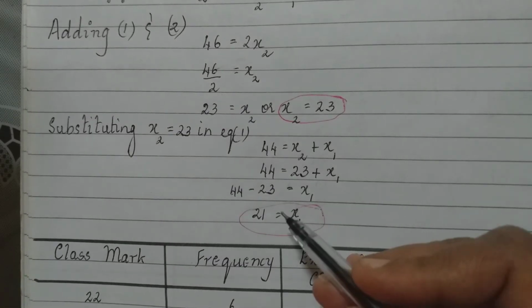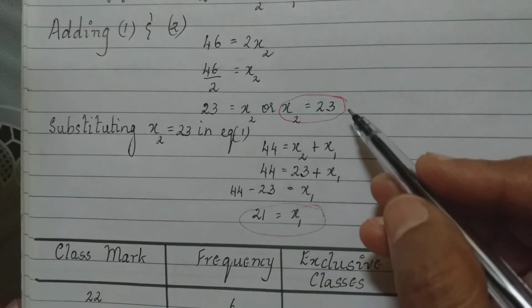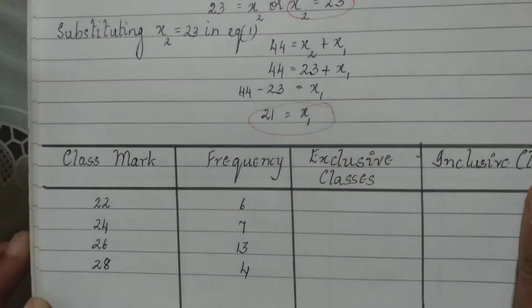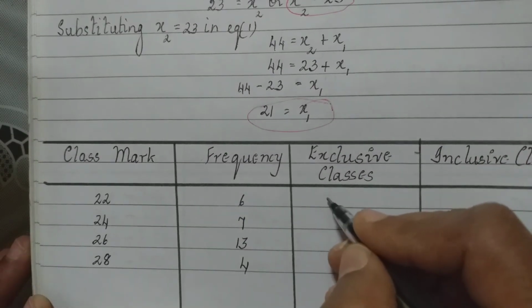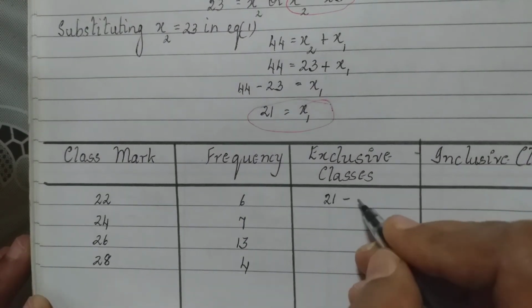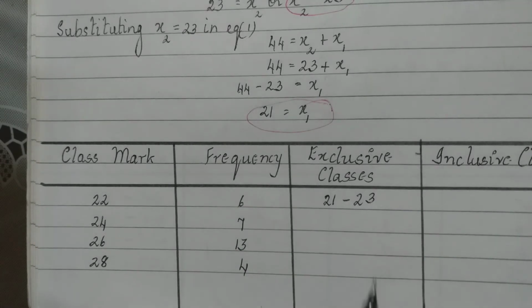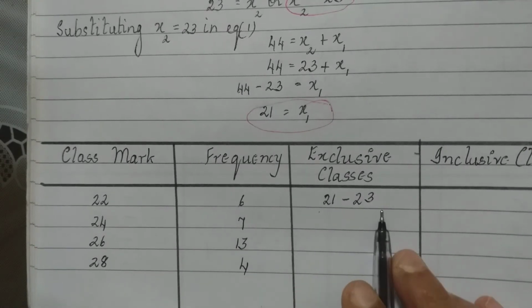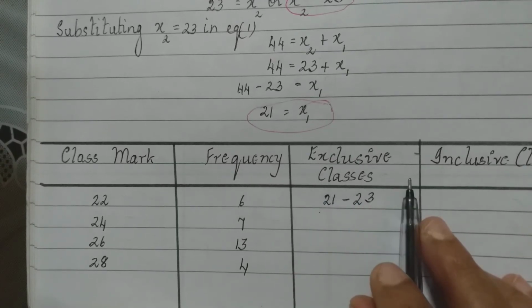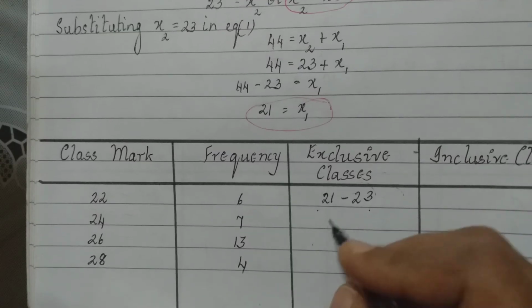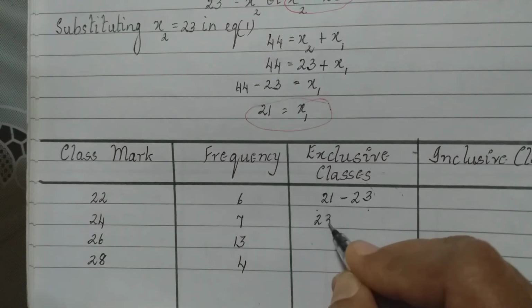And my first class will be 21 to 23, lower class limit to upper class limit. So I write here 21 to 23. The class mark and frequency are as given. These are exclusive classes, so the upper class limit will be repeated as a lower class limit here. So this becomes 23.